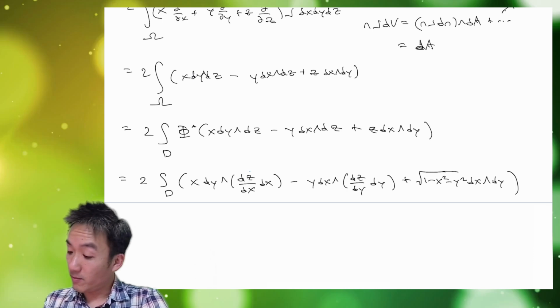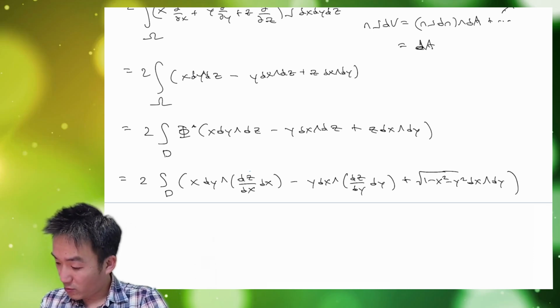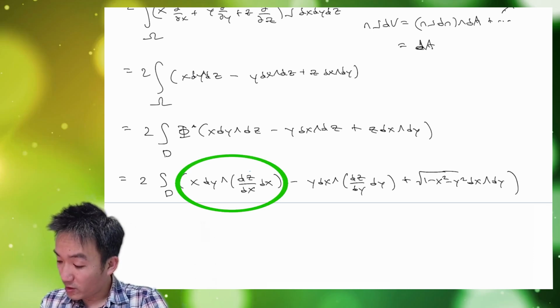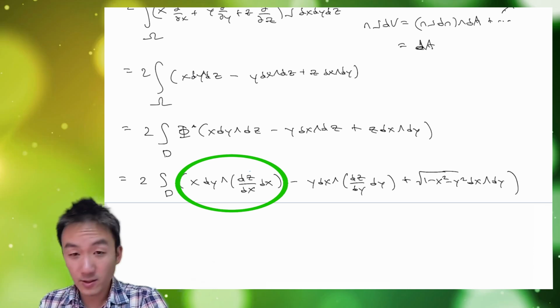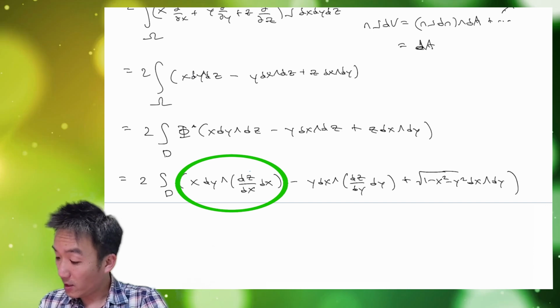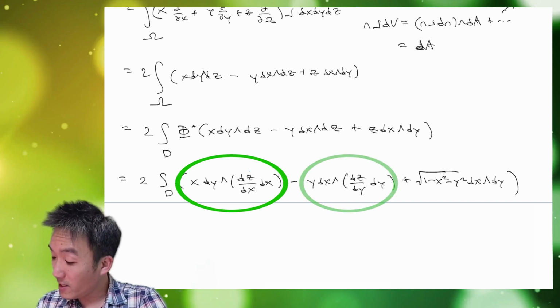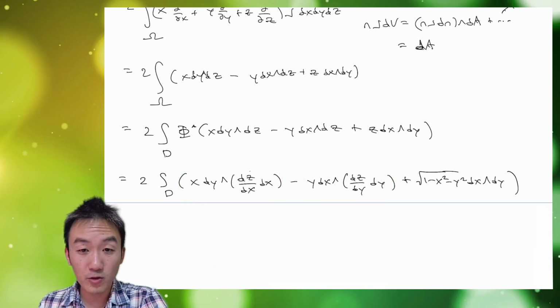Okay, technically dz has some other terms, but when there's a dy wedge, I don't need to keep the dy term here because it's just going to cancel out in the wedge product. Likewise, I don't need to keep the dx term here when I wedge with dx because that's going to contribute 0.